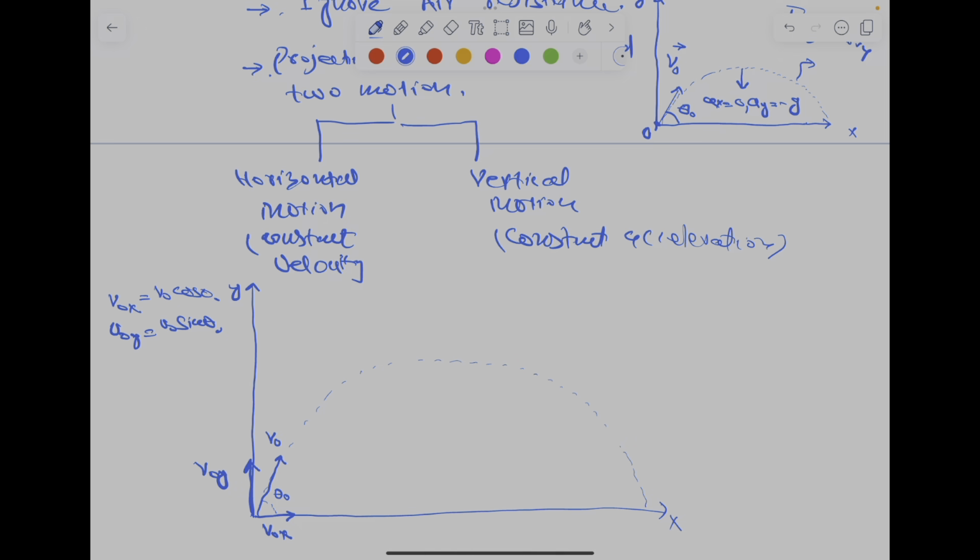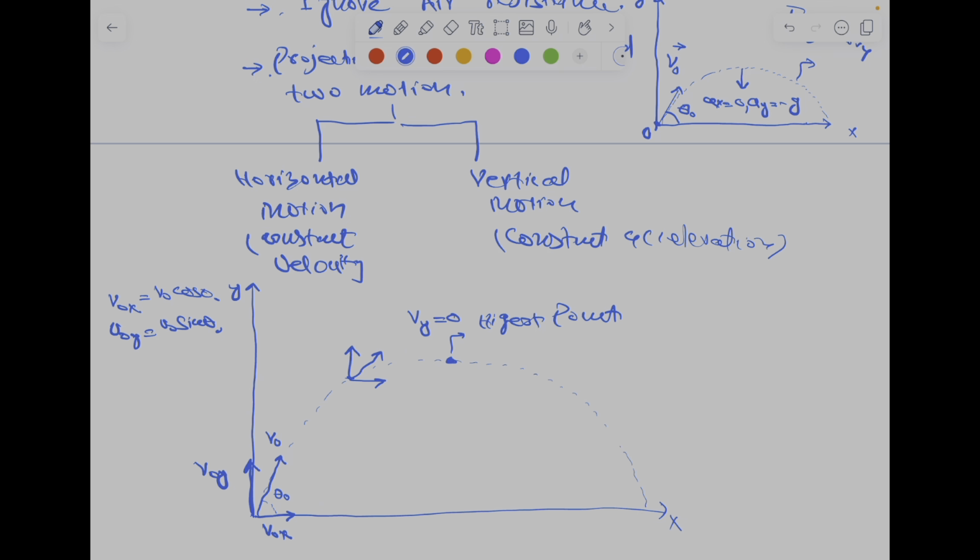Okay, so at every moment in time, it has a velocity component along x and a velocity component along y. This is a velocity vector. At the highest point, it stops rising, so the y component of the velocity goes to 0.